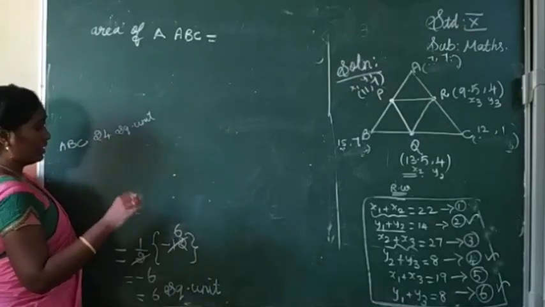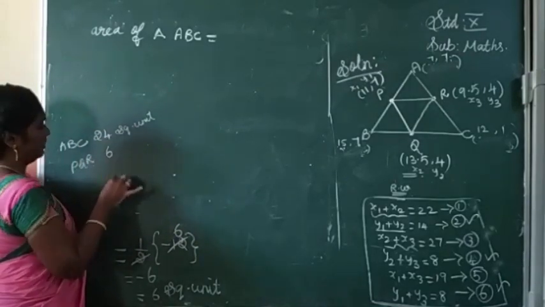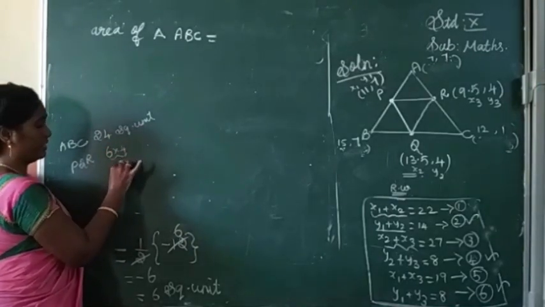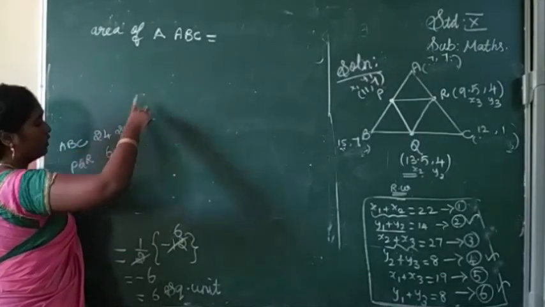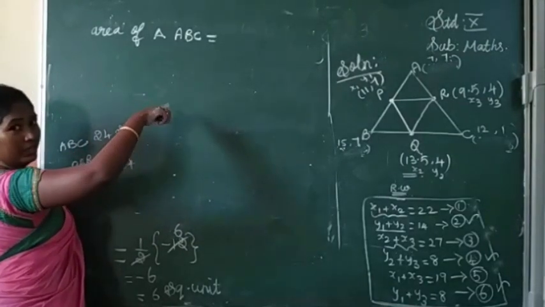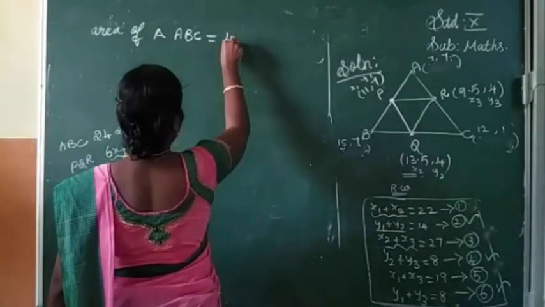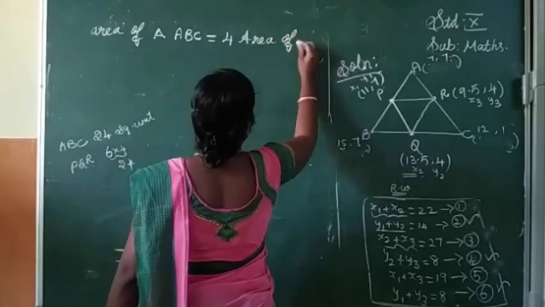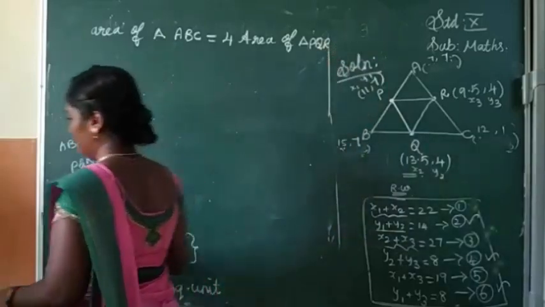Then PQR triangle was 6. What is the difference? If we multiply here 4 means we will also get 24. So area of triangle ABC is 4 times of area of triangle PQR. So we are right. Area of triangle ABC is 4 times of area of triangle PQR.